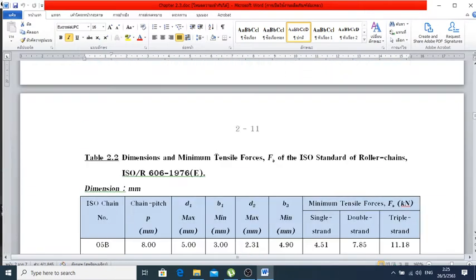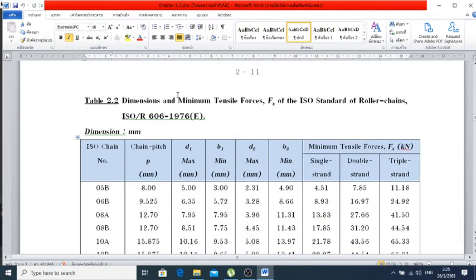And 2.2 is going to be the minimum tensile force F sub B. Let me explain. F sub B means they guarantee that if you make a selection of the standard chains, the chain will be able to withstand at least the F sub B that appears in this table.